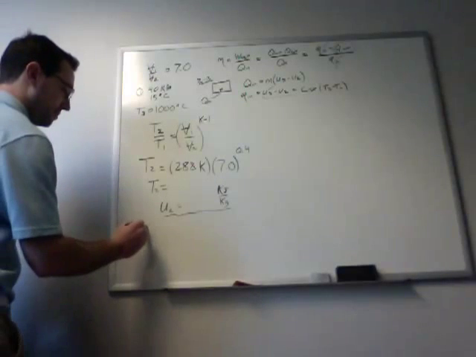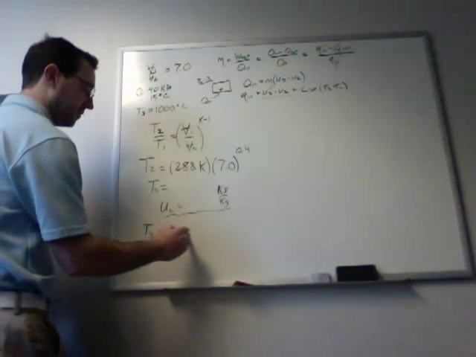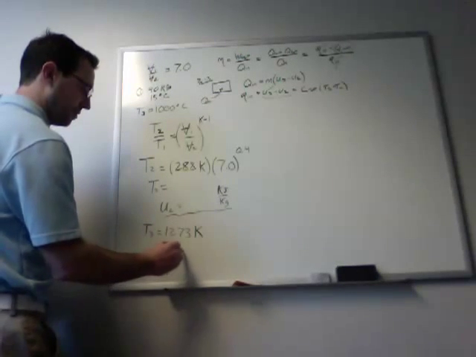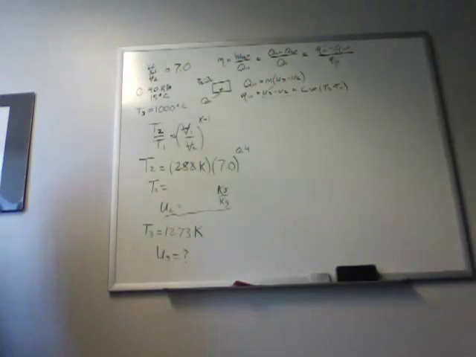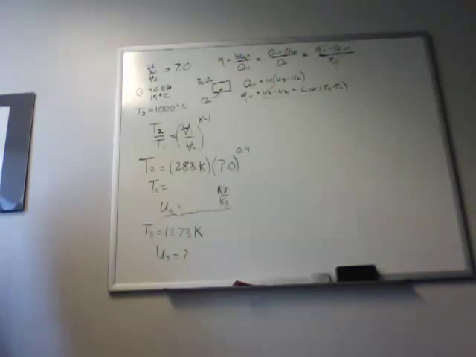Based on knowing that T3 is 1273 Kelvin, we can get U3 from the same, from also A17.